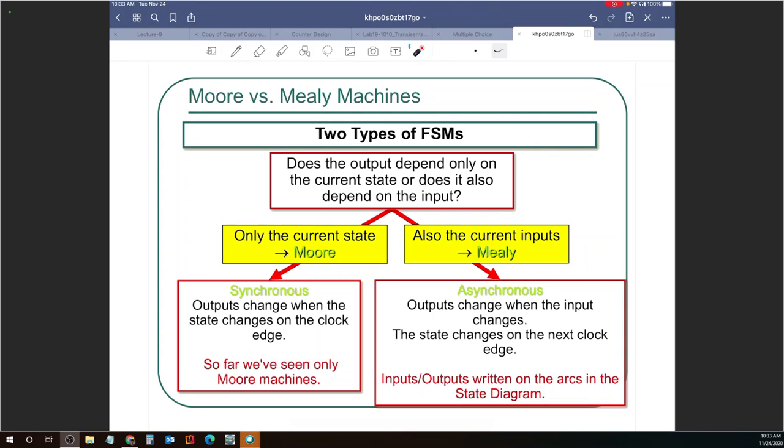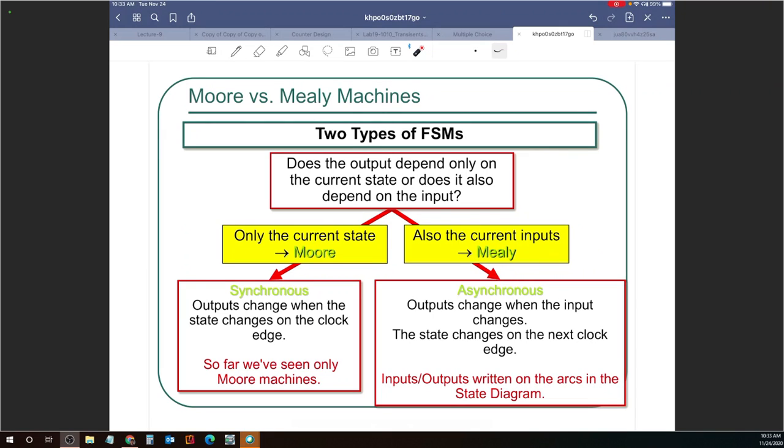However, a Mealy machine is a little bit more useful in a general case because it's asynchronous in that the outputs can change based on two things. One is the input changes. So input changes and then the output of the finite state machine would change immediately. There's a direct relationship there.